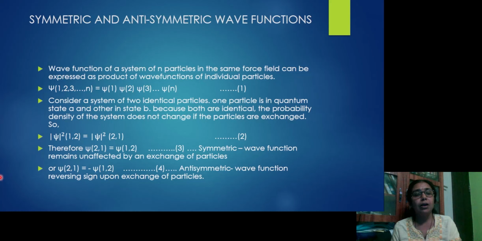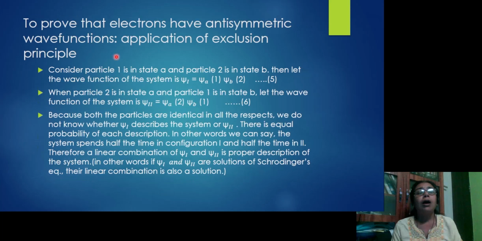Now we are going to prove that the electrons have antisymmetric wave functions by using Pauli's exclusion principle. Consider that particle 1 is in state A and particle 2 is in state B. Here, particle 1 and particle 2 both are electrons, because we are considering that both the particles are identical in all respects, just like a system of electrons.